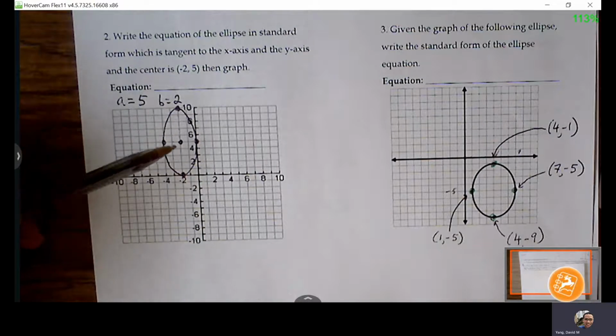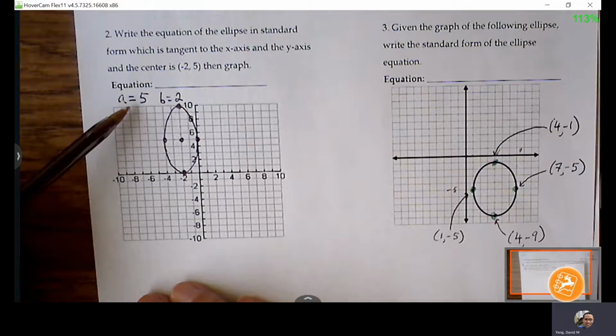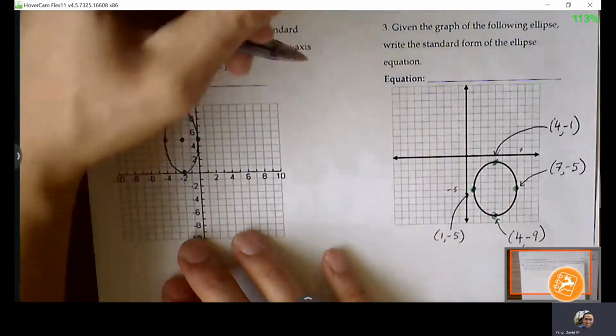Major axis is along the vertical. So you know that your A value is going to go under what? The Y, right? Okay.